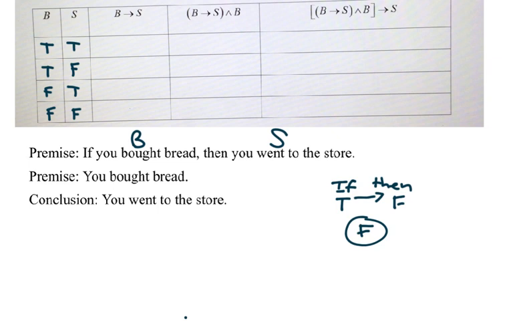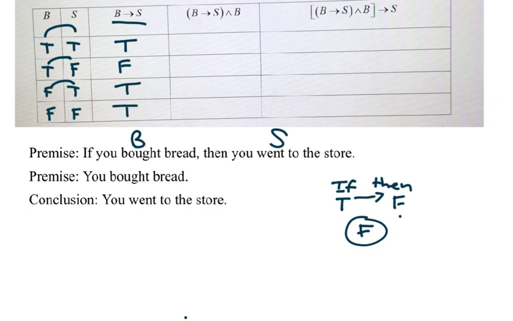So in the first line, we have B going to S. So B to S, true going to true, that's true. The next one, true going to false, that's the false one. False to true is true because the false was first. It's only when the true is first and then the false is second that that's false. And false to false is also true.